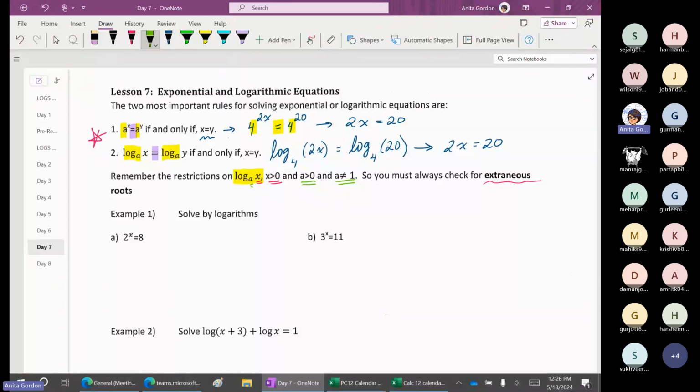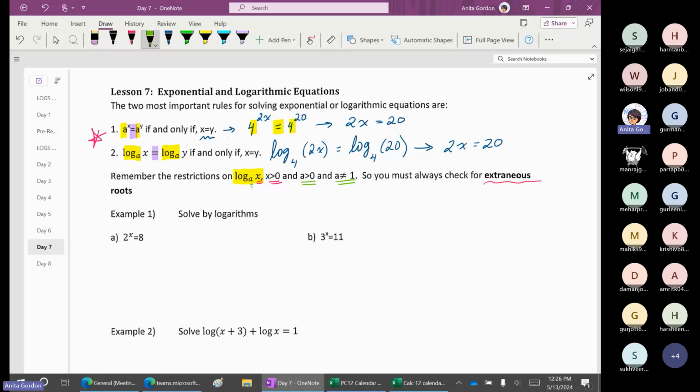It's not an exponential. So we can't have it be equal to 1, and we can't have it be a negative number. And if you don't remember where these rules come from, go back in your notes. Go back to where we first introduced logarithms and the definitions and the domain and all that stuff. We talked about it in a previous lesson.